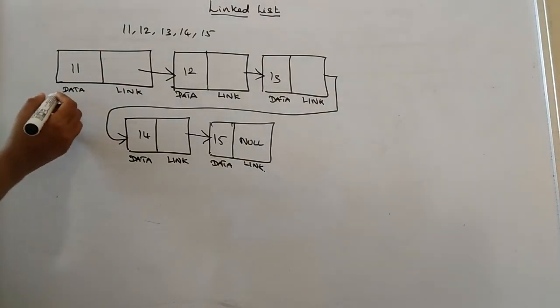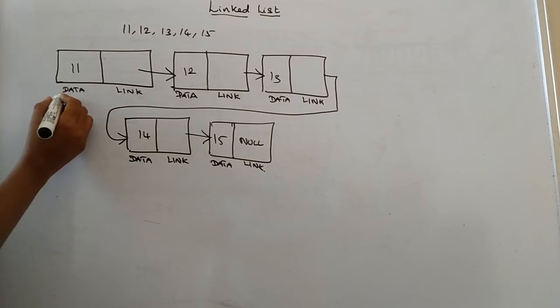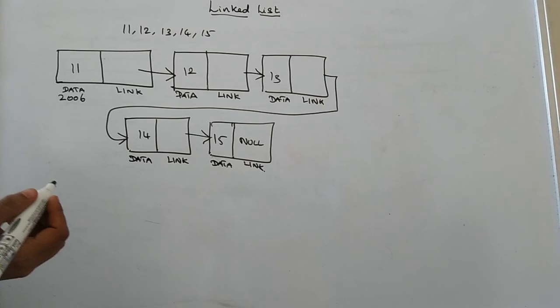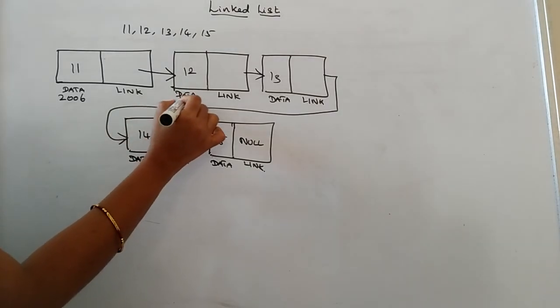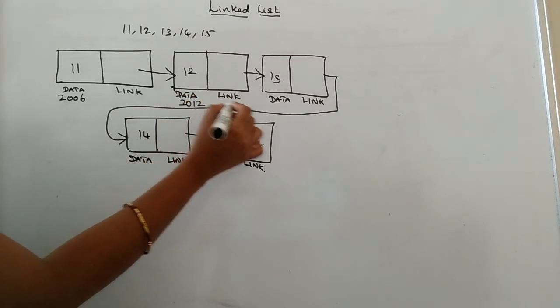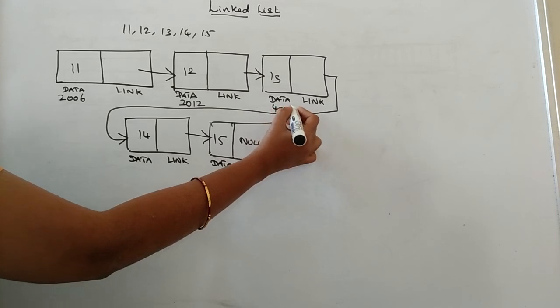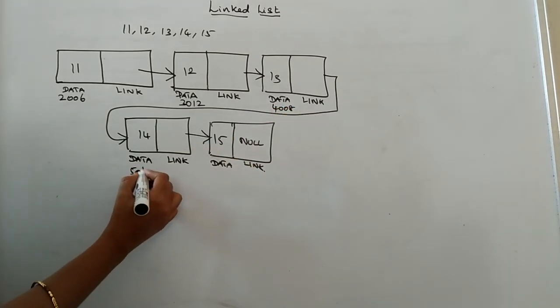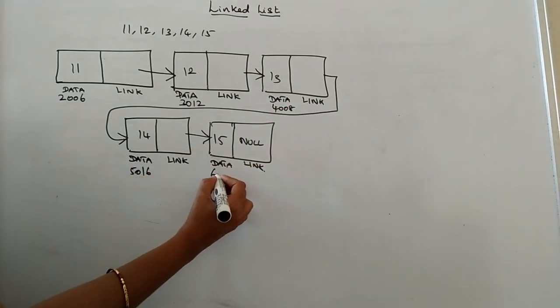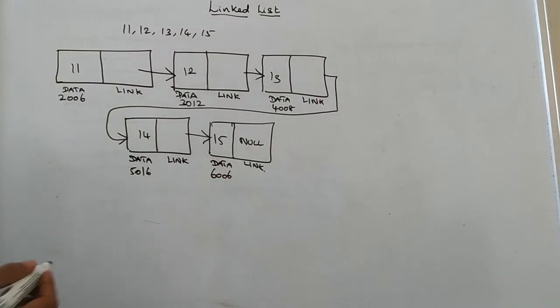Okay, and just make an assumption here. 11 is stored in the memory location 2006 and 12 in the memory location 3012. It may be 4008, and it may be 5016, it may be 6006.